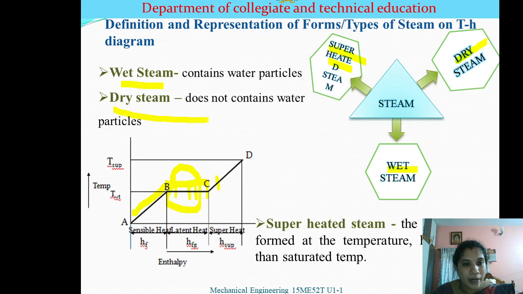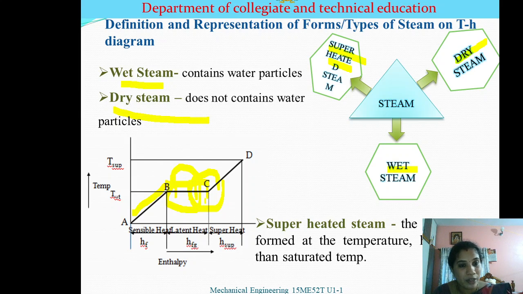Then what do you mean by dry steam? The steam that is present at point C. You can call this dry steam or dry saturated steam. If they ask you to explain dry saturated steam, it's one and the same. The dry steam and dry saturated steam are the same because it's in the saturation condition. So the steam that is obtained at point C can be defined as dry steam.